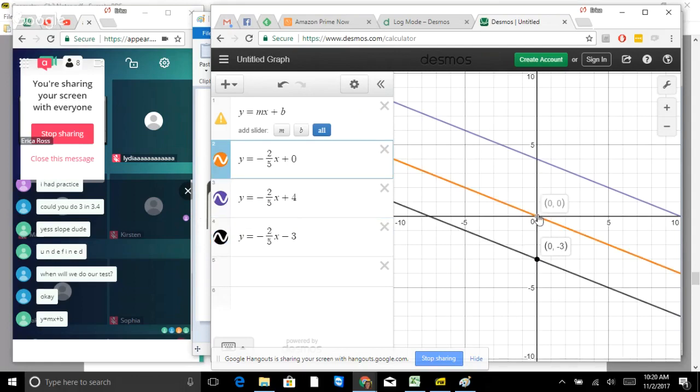So you can see where that number comes from, right? Our purple equation has a y-intercept at +4, so you can see it intercepts at +4. Orange, 0, or black equation is at -3.